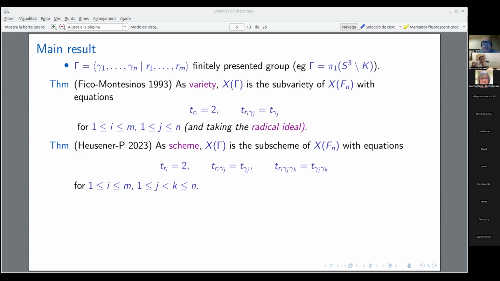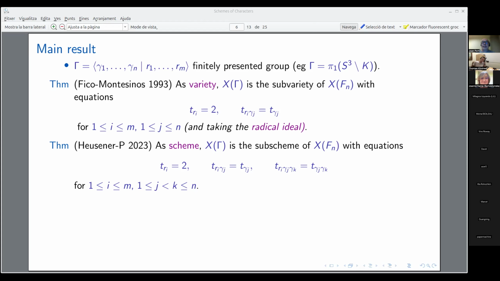So they say, okay, if I have some relations R1, ..., Rm, they impose these two families of equations. The trace of the relation is 2, because we want this element to be the identity, and the trace of the relation times a generator equals the trace of the generator. Okay, these are relations that need to be satisfied.